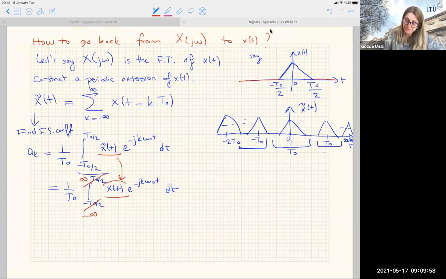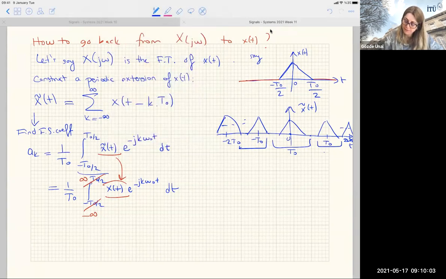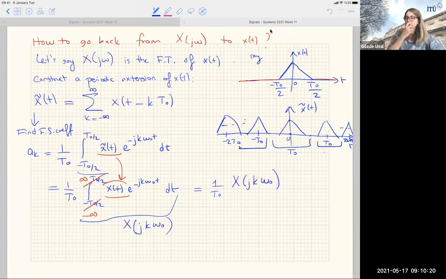Now I have, this is really the Fourier transform, with 1 over T0. This guy is really the Fourier transform at multiples of the fundamental frequency. Do you see? I just applied the definition.